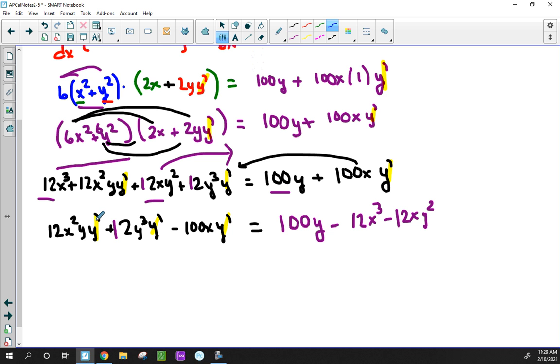Now, after we group all terms with y prime, we factor out y prime. And we copy down the right side.